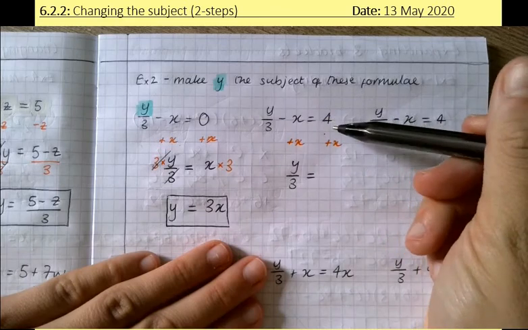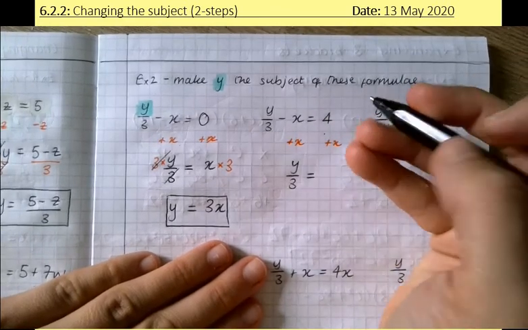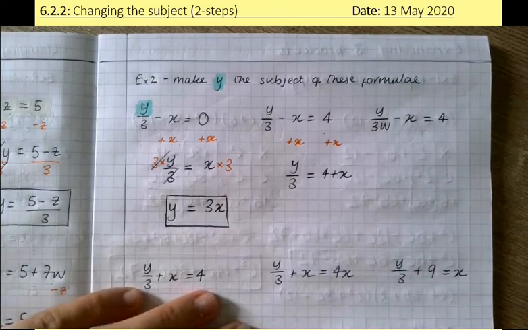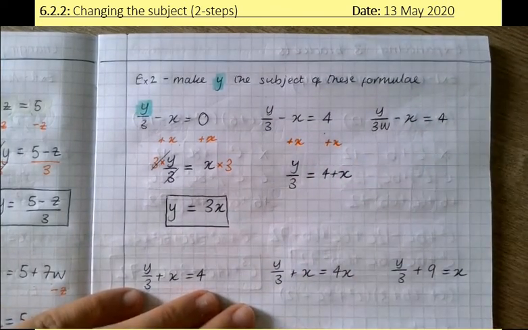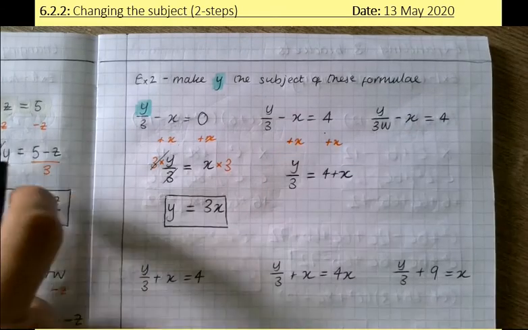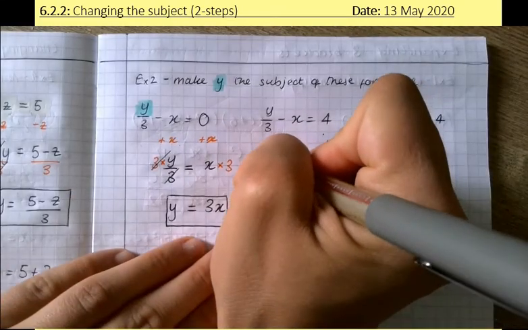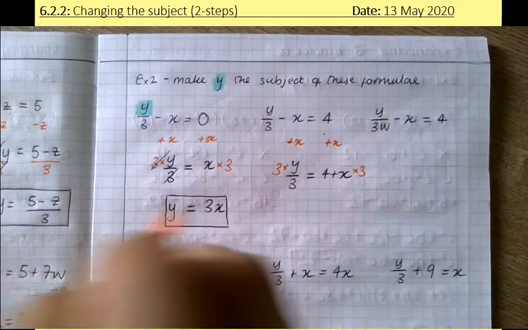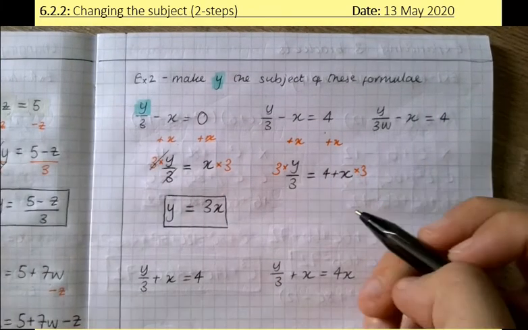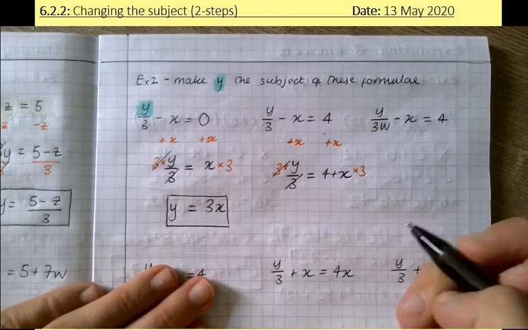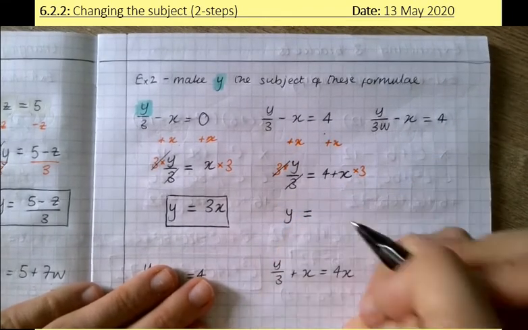And on the right-hand side, 4 plus x cannot be simplified any further, so it's just 4 plus x. Then I need to eliminate the divide by 3, so I'm going to multiply both sides by 3. Now, the left-hand side is nice and simple. Multiply by 3 and divide by 3 cancel to give us y.